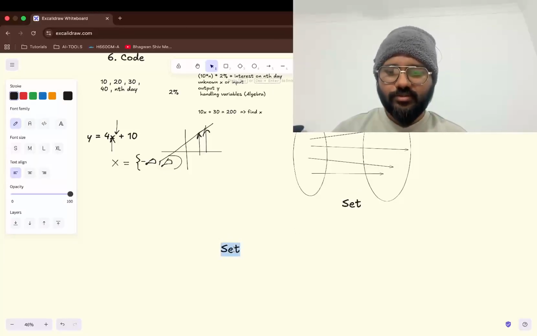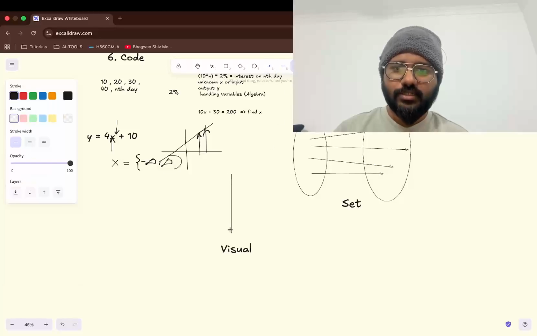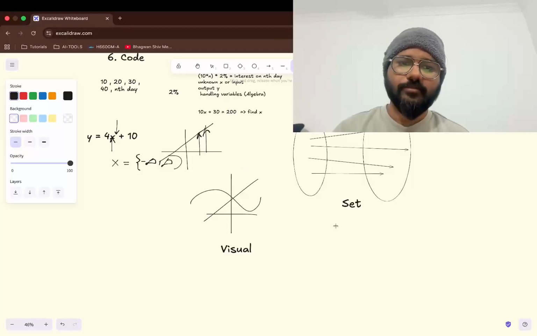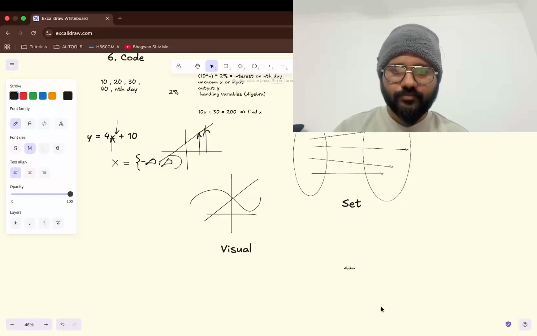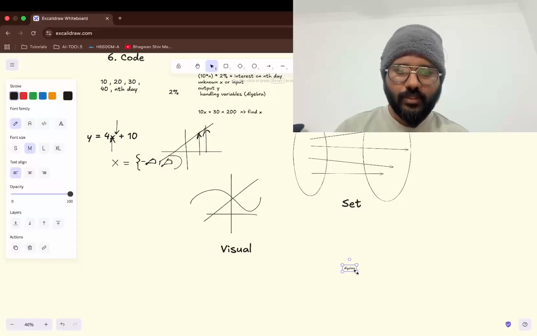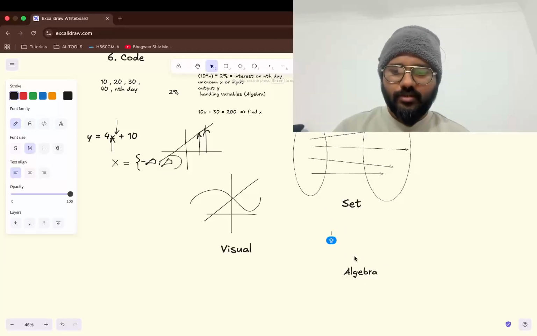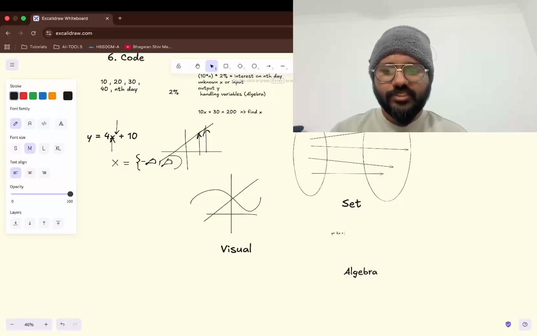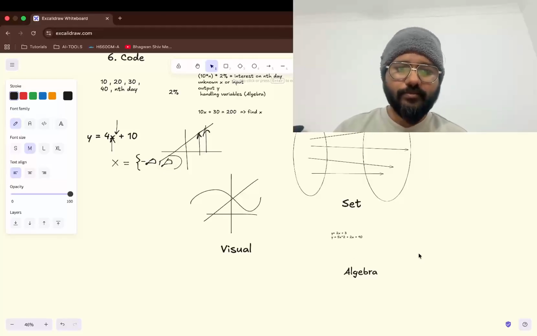Another is visual, which is related to coordinate geometry, when we plot the numbers like this is one mapping. And another representation is algebra, where I will define something like y is equal to 2x plus 3, y is equal to 5x square plus 2x plus 90.